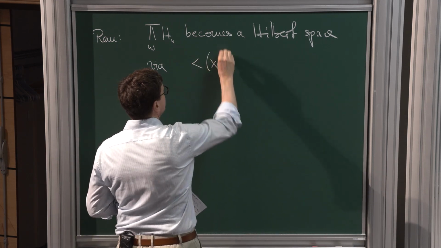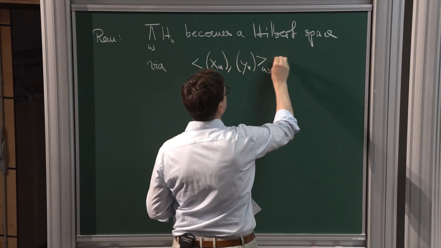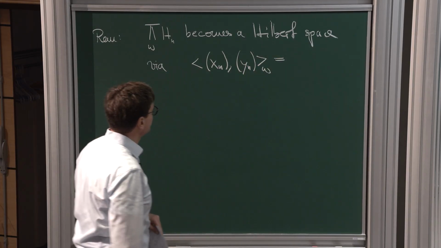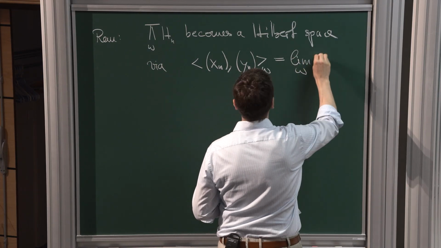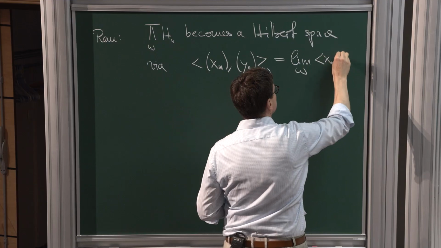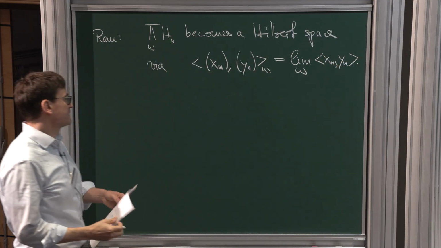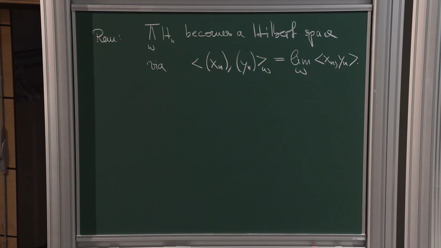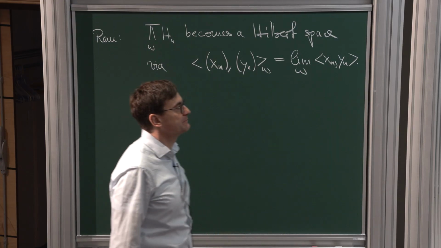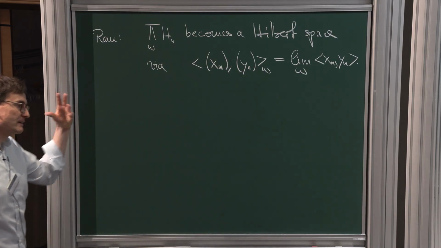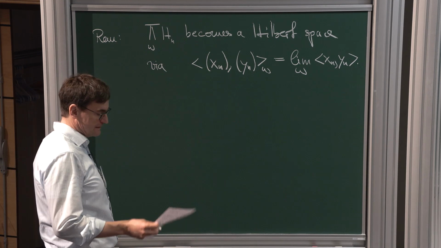If you have two such sequences, then the omega scalar product is just the limit of the scalar products of the individual guys. And this is bounded, so you can take the limit. And in the exercise, we'll play around a little bit with this notion and also with the question, why do you do it exactly like that and not in another way?